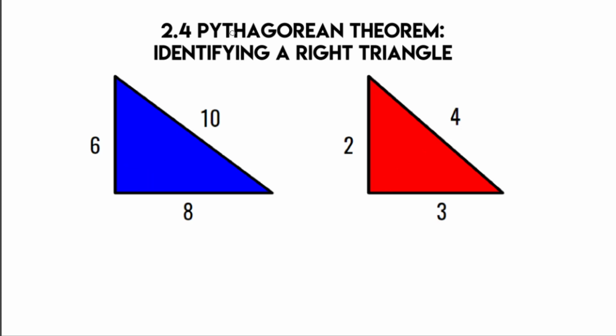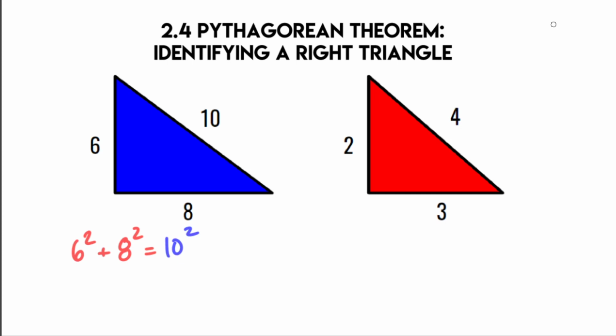However, we do know the Pythagorean theorem only works with right triangles. So we're going to use it as a sensor to figure out which one of these triangles is a right triangle. Starting off with this one, we have 6 squared plus 8 squared is equal to, this is my hypotenuse, 10 squared.